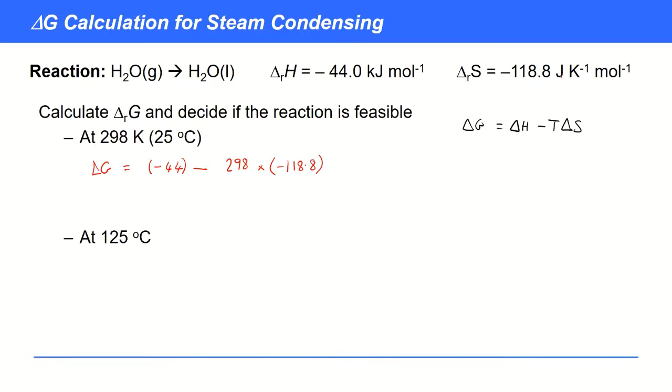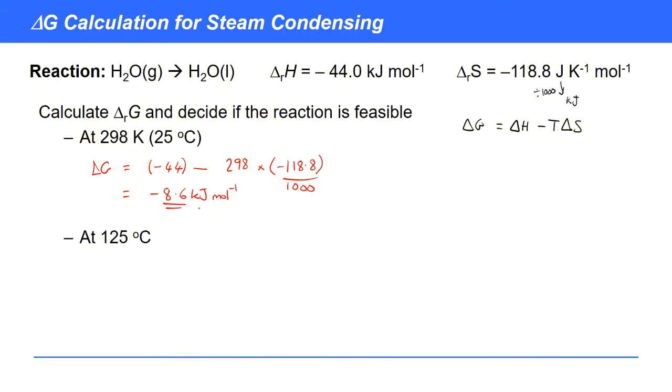At the moment, this is in joules per Kelvin per mole. So to turn that into kilojoules, we need to divide the number by 1,000. So when we do that, it turns out that we get a value of minus 8.6 kilojoules per mole.